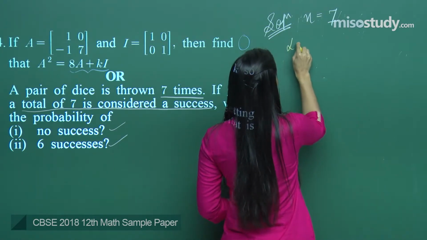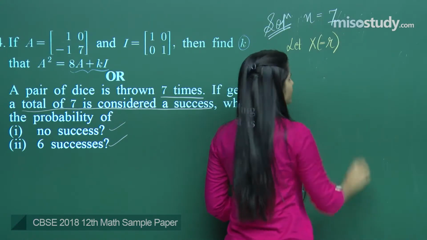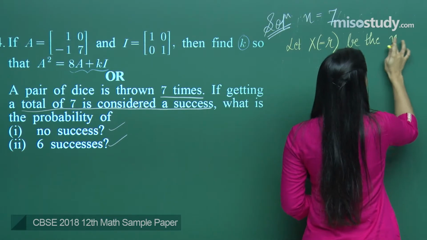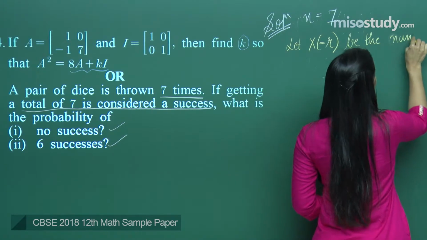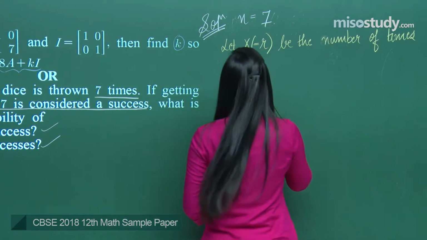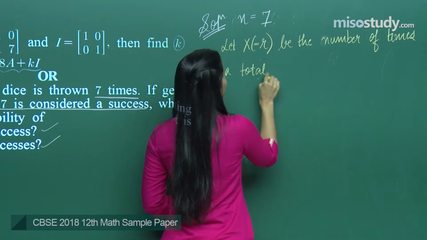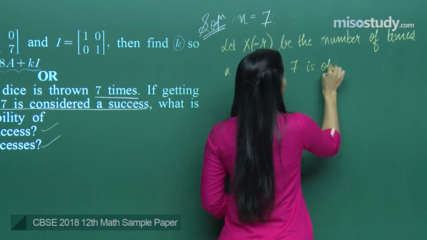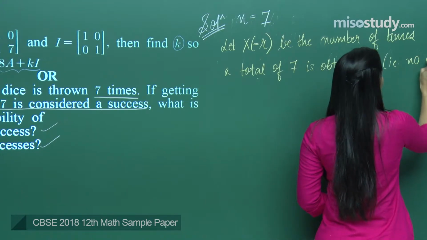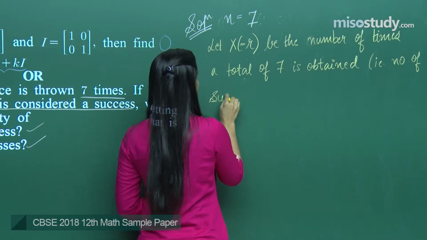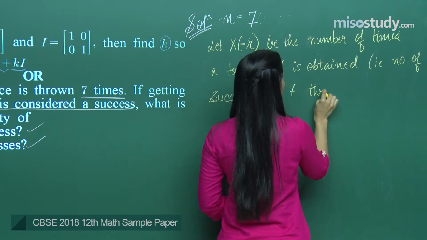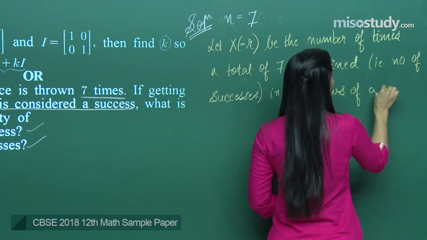And let x, also written as small r, be the number of times a total of 7 is obtained, that is, the number of successes in 7 throws of a pair of dice.